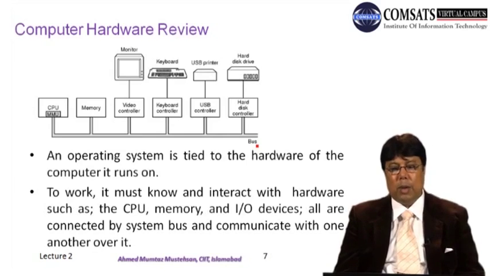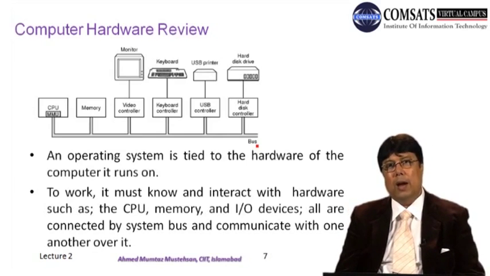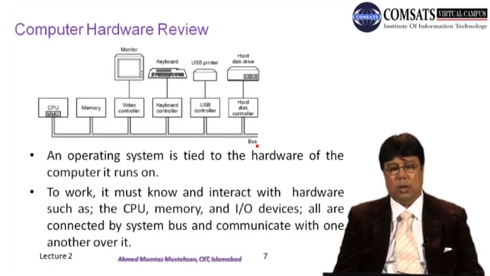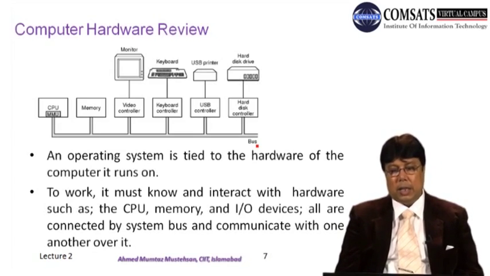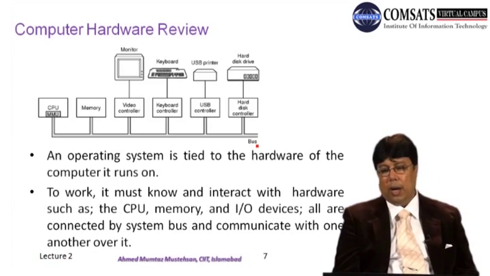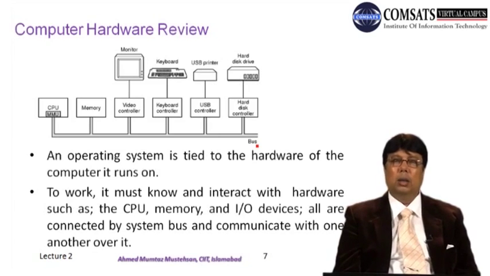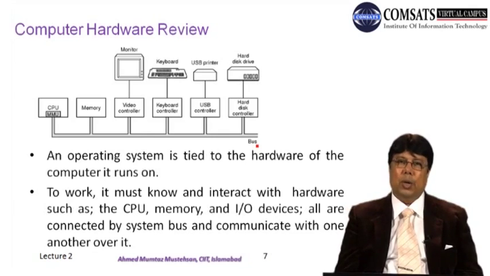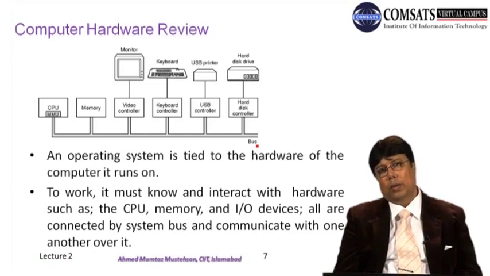To work, the operating system should have a very good and clear understanding, as we talked about in the last lecture, of the functionality, operation and working of the hardware, such as the CPU, the memory, and the I/O devices. These are all connected together; how do they work together, and how will the operating system be installed over and above them so that it can make good use of these resources?